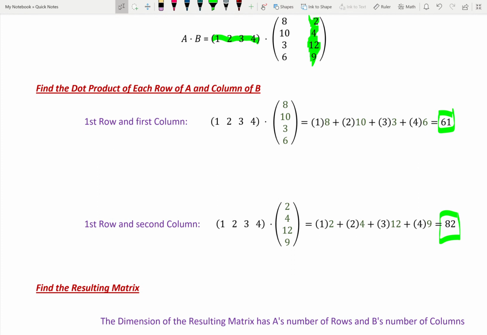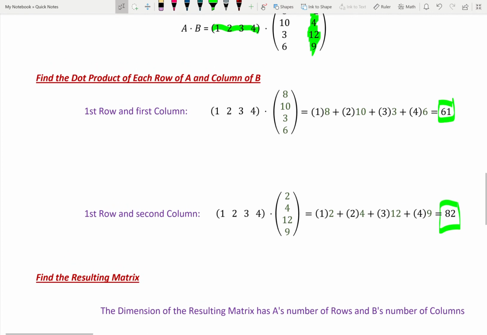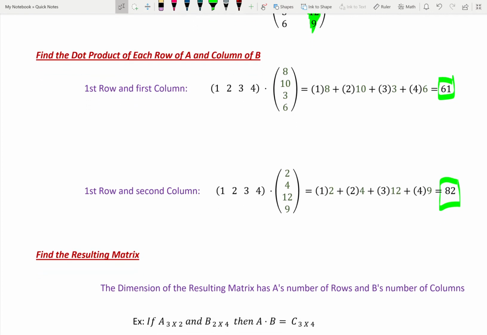So the dimension of the resulting matrix has the same number of rows as matrix A, and the same number of columns as matrix B. So for example, if I have A times B, and A has dimensions 3 by 2, and B has dimension 2 by 4, then the resulting matrix will take the row of this one and the column of this one.